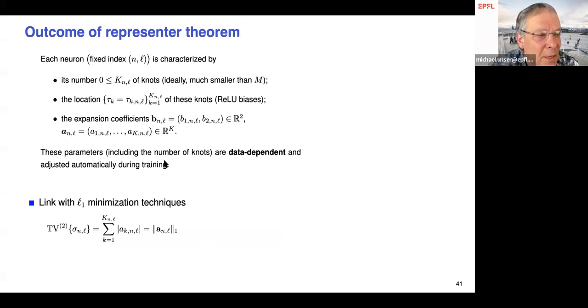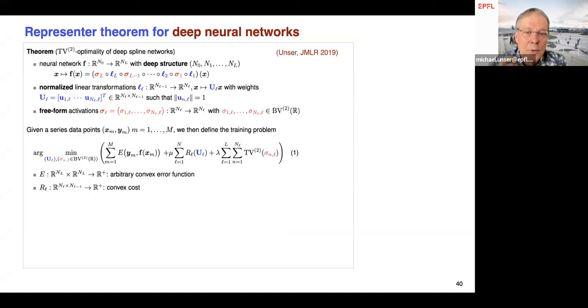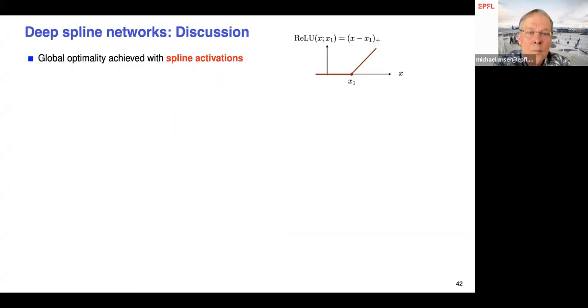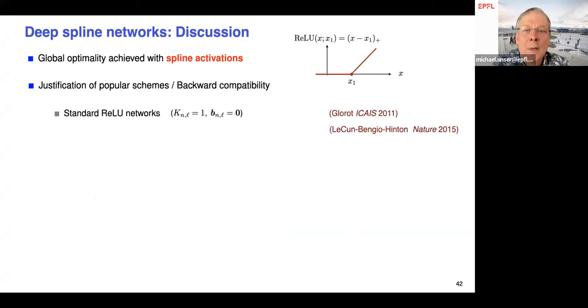And now the other fantastic thing, there's a link with L1 optimization theory, because the penalty here corresponds to the L1 norm of the weights that you are putting in front of those neurons. And then global optimality is achieved with spline activations. So in particular ReLU is a particular case of this theorem. Let's not forget standard regression, because you know that's Gauss.